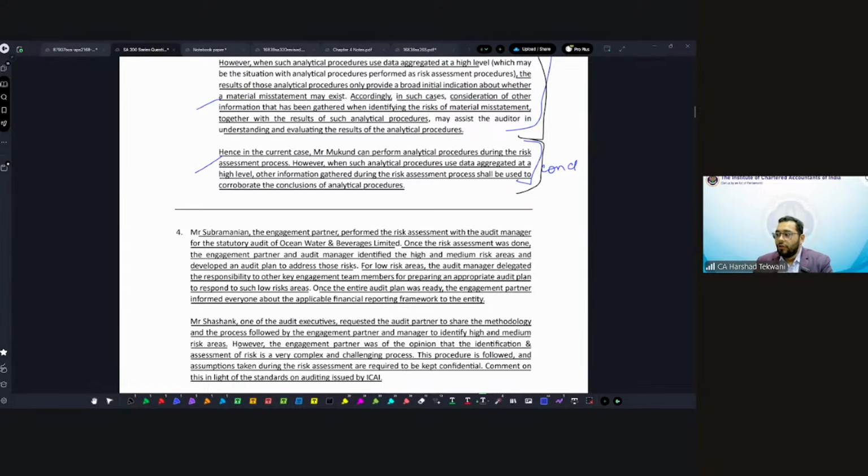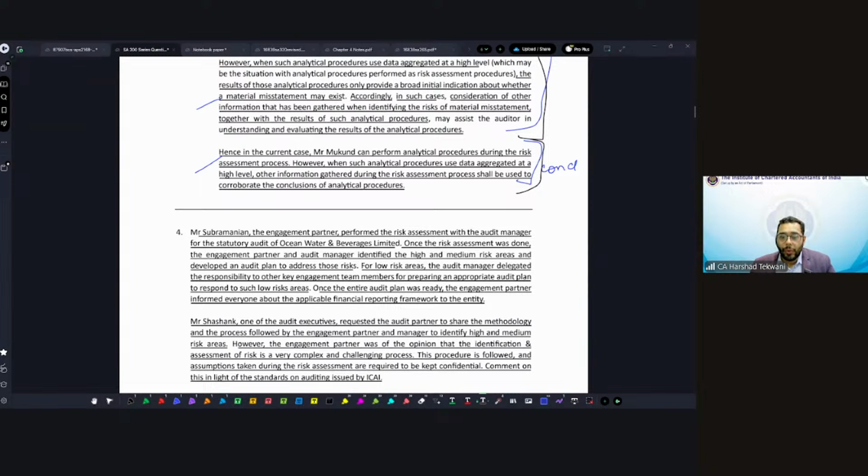Here, the framework was reported later on. First, what was the scenario is they developed the plan, but that is incorrect. Reason because you need to first inform them which is the financial reporting framework applicable to them. Then you will develop the areas. Are you getting the point? That is a very big problem over here.